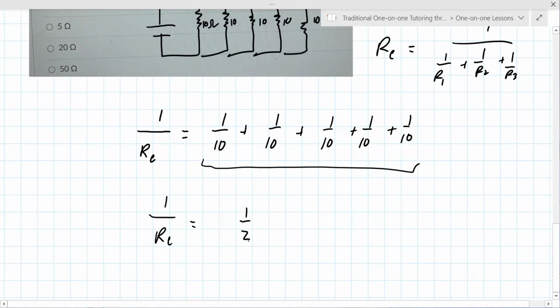Okay. And then you can cross multiply here, or you just take the reciprocal of the number on the right. So the equivalent is 1 over 1/2, or 2. Okay.